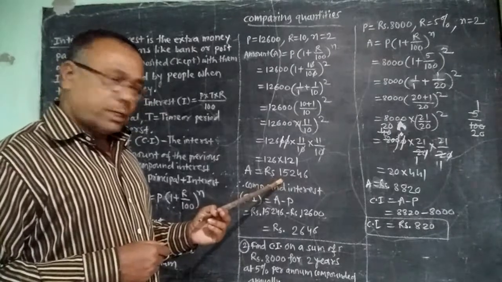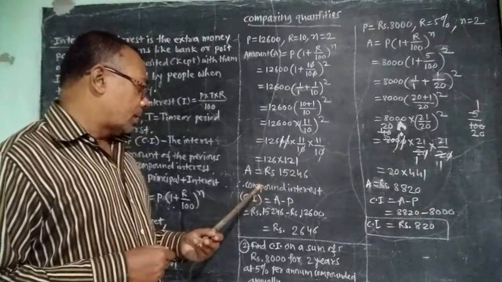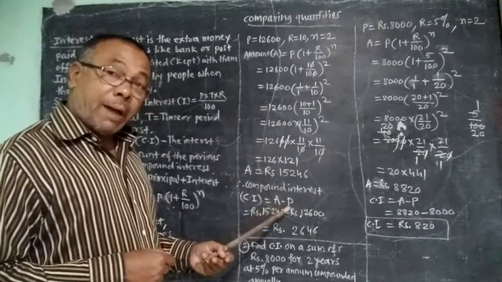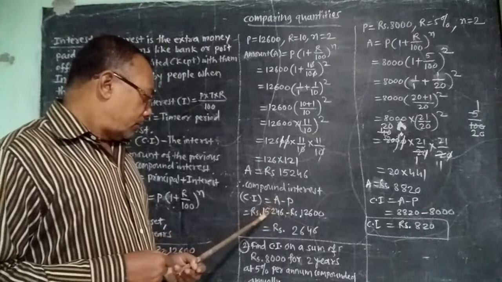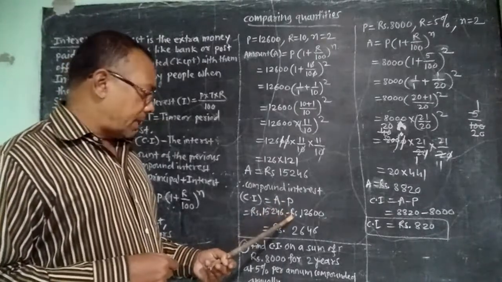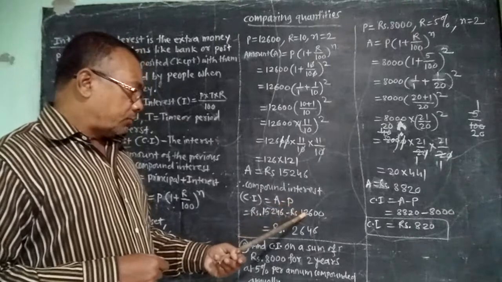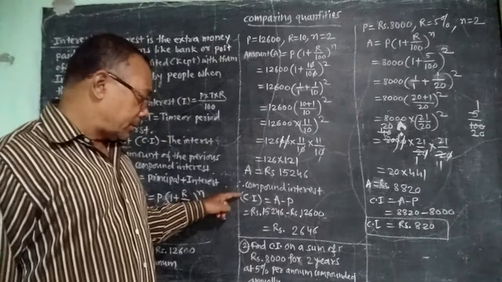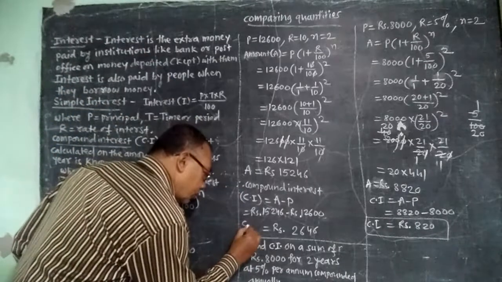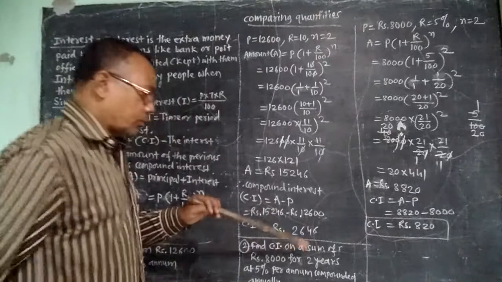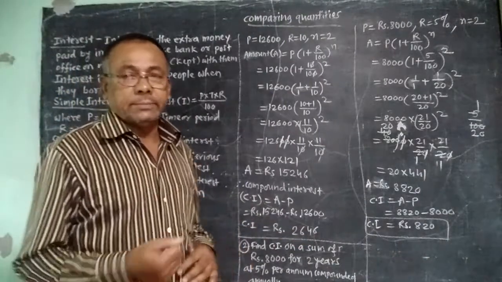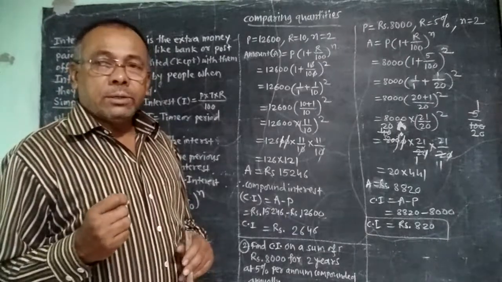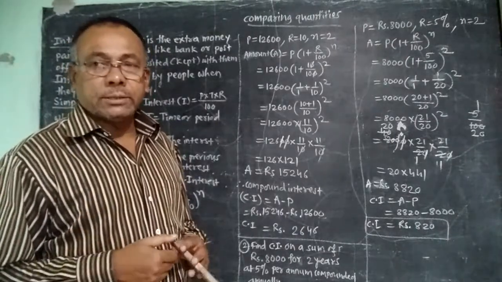Therefore compound interest CI, the formula is A minus P. A is 15,246 minus rupees, P is 12,600. After subtraction we will get compound interest CI is equal to rupees 2,646. So in this way we see how to calculate the compound interest.